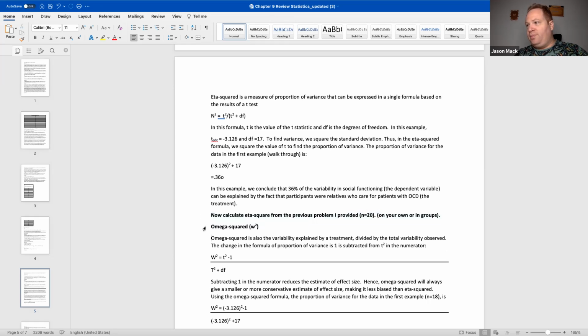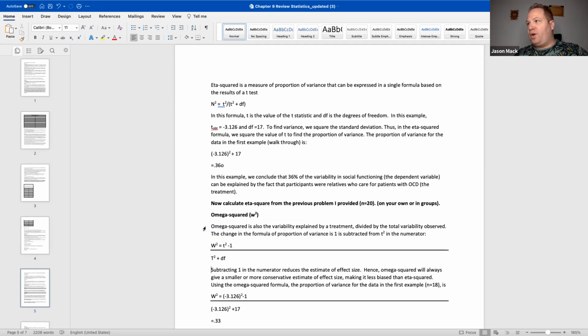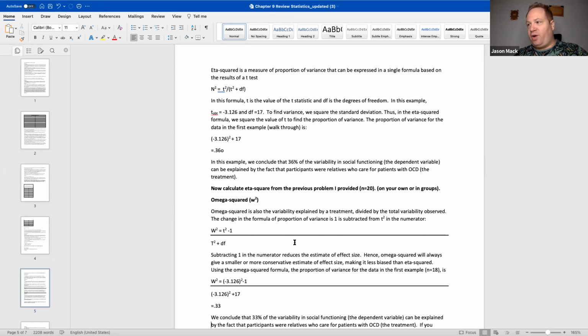Our next one is our W squared, okay? So omega squared, or W squared, is also the variability explained by a treatment divided by the total variability observed. The change in the formula for proportion of variance is 1 subtracted from t squared in the numerator.